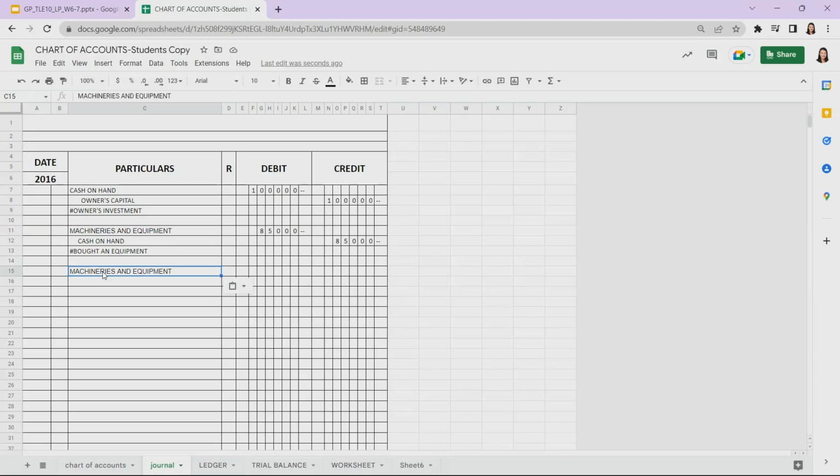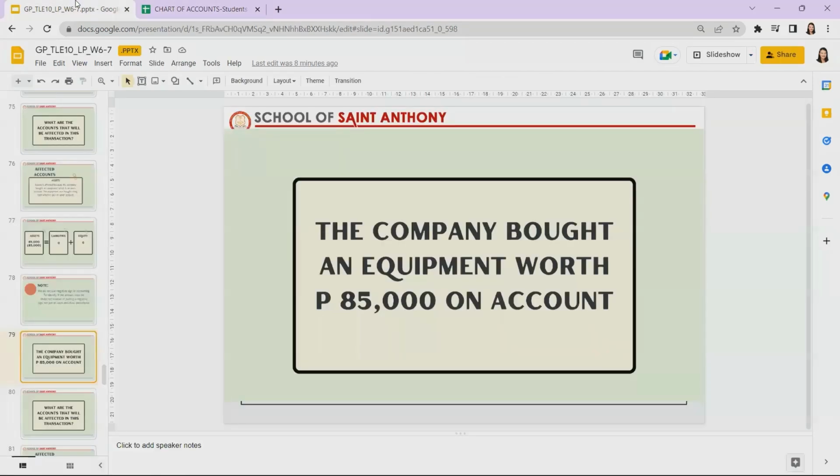Anong account si machineries and equipment? Again, it is an asset account. Anong sabi sa rules? Whenever asset increases, it must be written on the debit side. So that is why you have debit, machineries and equipment for 85,000 pesos. Did you make the payment? Nagbayad ka ba? No. Kasi it is on account.